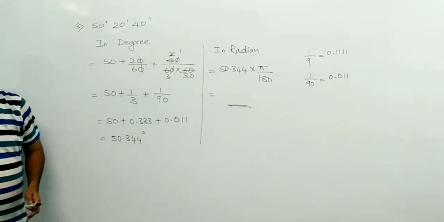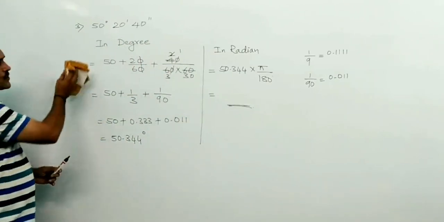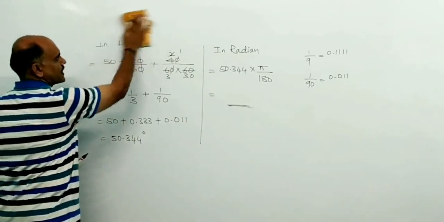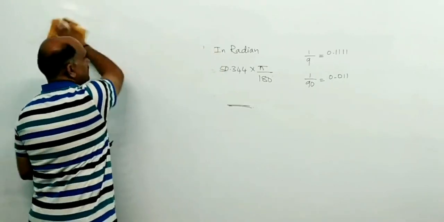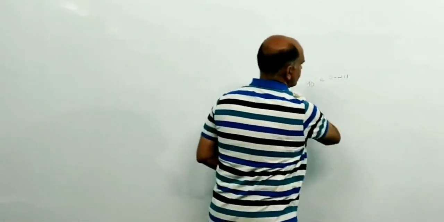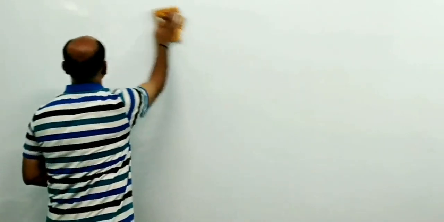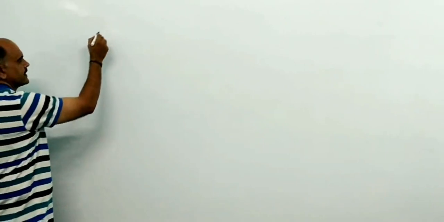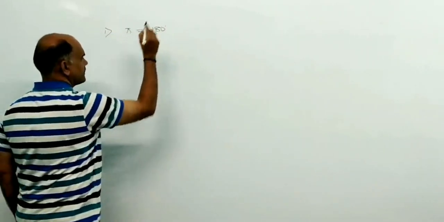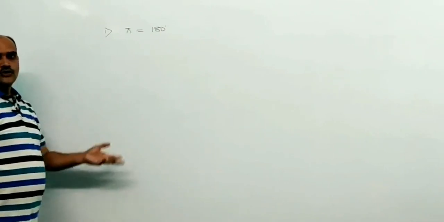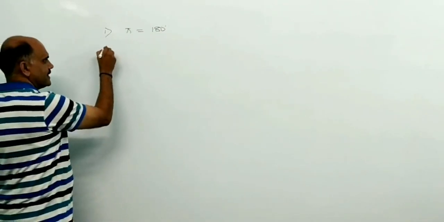Okay. So you can pause and solve all the problems that I have taken in this class. The main points of this class, what we have studied today: first, pi is equal to 180 degree. Second, how do you convert an angle to radian?